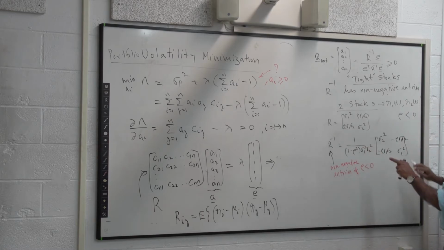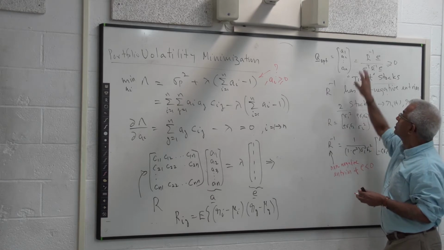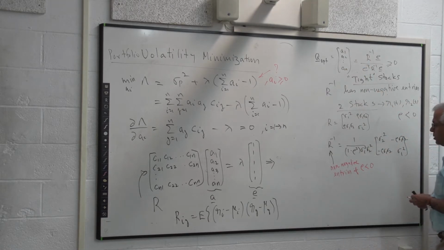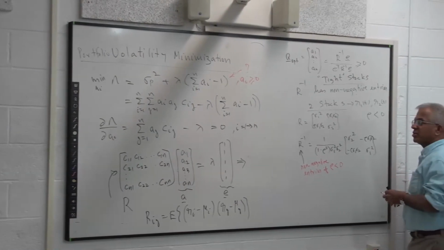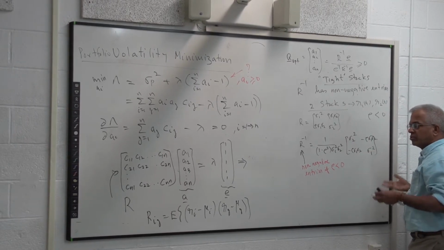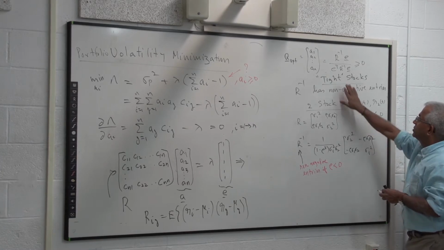So if the two stocks are negatively correlated, minus rho will be positive and all four entries will be positive. And you will know how to split the money because A1 will be positive, A2 will be positive. You can just work it out from here. That's the only case which can be easily done. Otherwise, one way is to go through a search and find a set of stocks which are tight stocks.